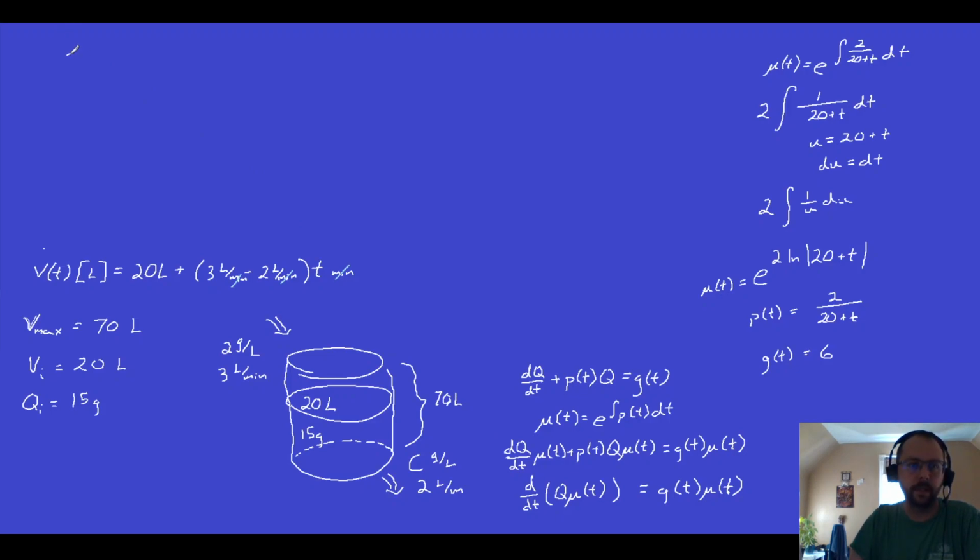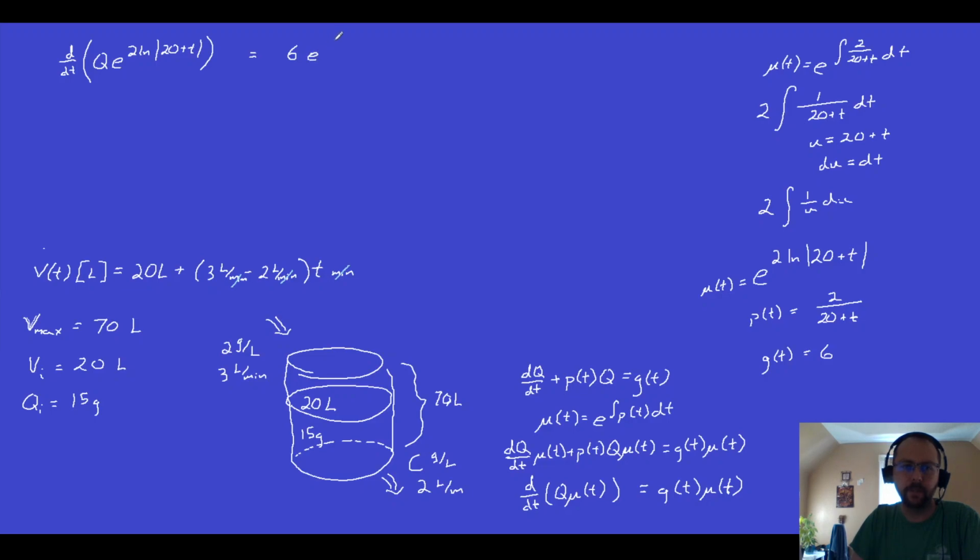So we're going to have the derivative with respect to time of q times mu of t, which is e to the 2 natural log of the absolute value of 20 plus t, equals g of t, which was 6, times mu of t, which is e.